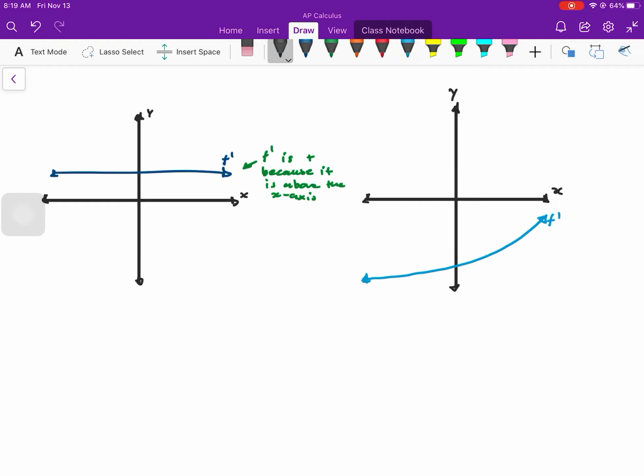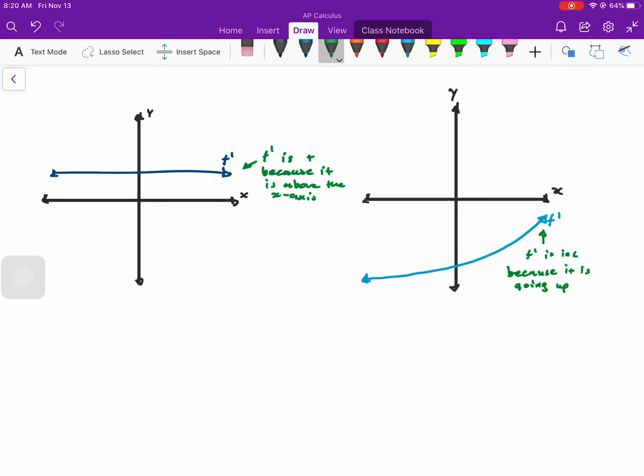But notice that f prime is increasing. How do we know that? Because it's going up. This is if you're given the graph of f prime. If you're given the graph of f, you just look at where the maximums and minimums are. Look at where it's smiling and frowning. That's where you know your concavity.